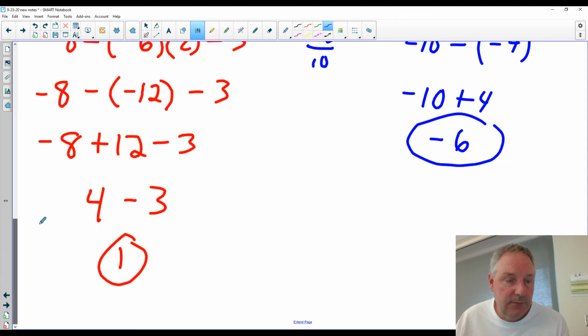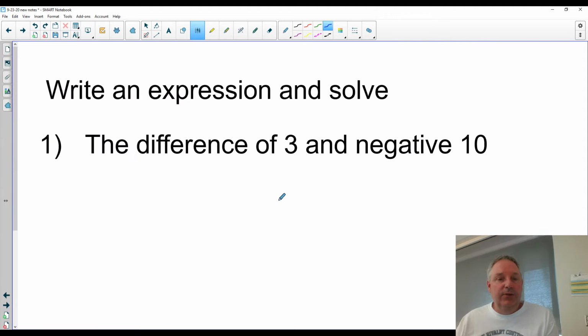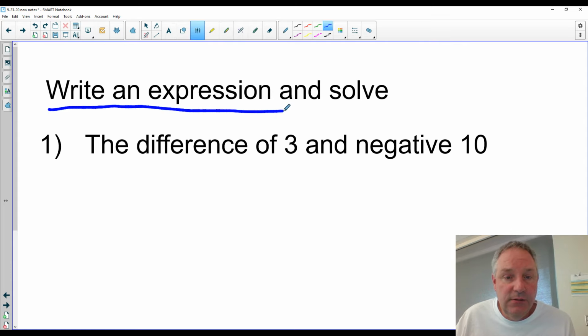The last problem we'll do today. Yesterday we started this. We said write an expression. That means the answer is not everything we're looking for. So I want to write the algebraic expression or the arithmetic expression. In this case, I don't have any variables. So the difference means I have to show a subtraction sign. What am I subtracting? I'm subtracting 3 and negative 10.